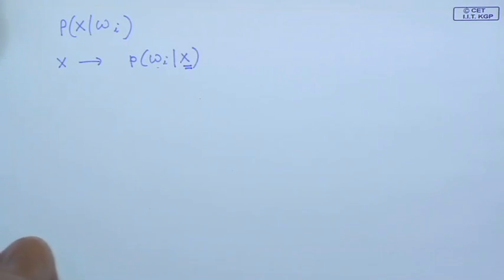And we said in that case that P of omega i given x is called the a posteriori probability, and P of x given omega i is the class conditional probability. Along with that, we can have an a priori probability, the probability of occurrence of a particular class.